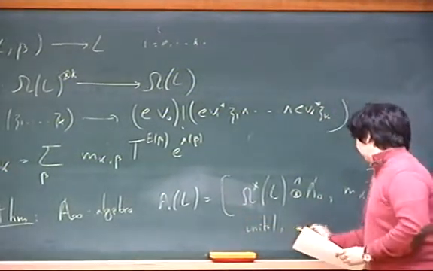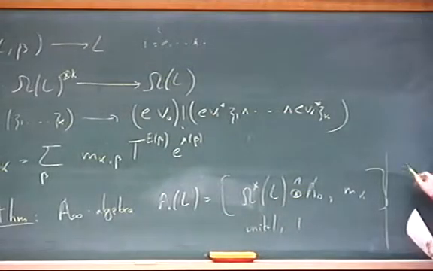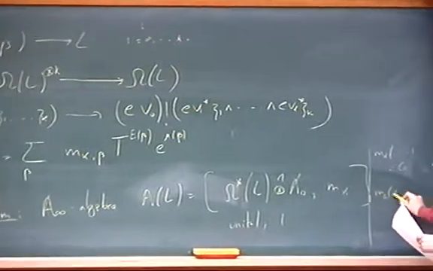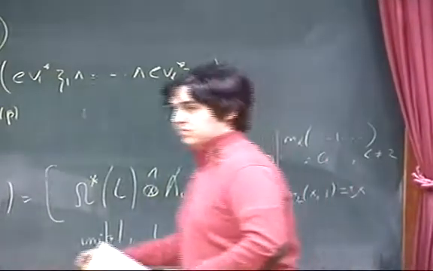The unit is the usual unit, the constant function equal to 1. Just a reminder, what's a unit in an A-infinity algebra? It means that if 1 appears in one of these m_k's, the result is 0, except when k is 2, where it is a unit. Of course there are minus signs around here, but let's ignore that.